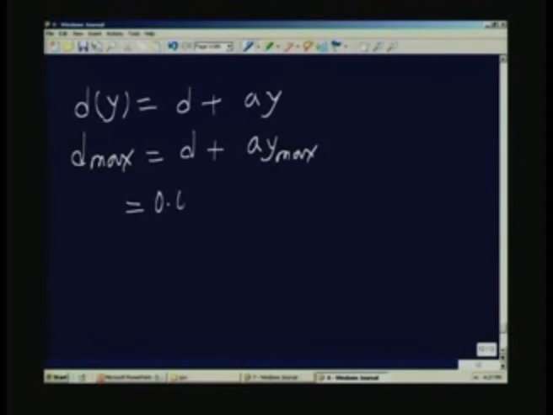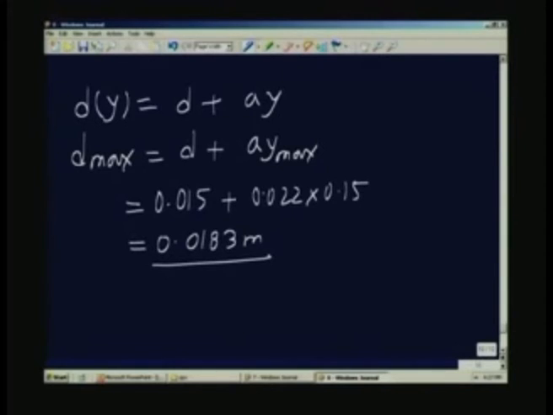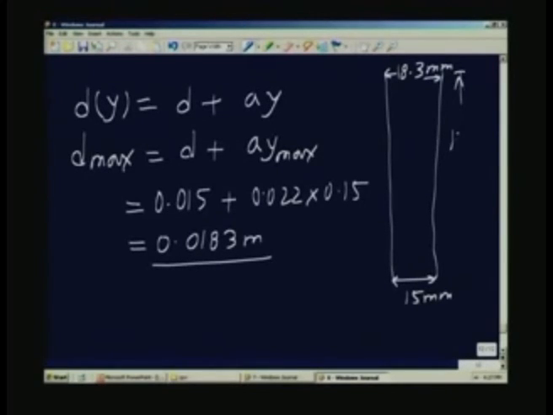D is 0.015 plus 0.022 into 0.15 y max, this comes to 0.0183 meter. So, if you look at the rotameter tube, the diameter here is 15 millimeters, here it is 18.3 millimeters, and this length is 15 centimeters.